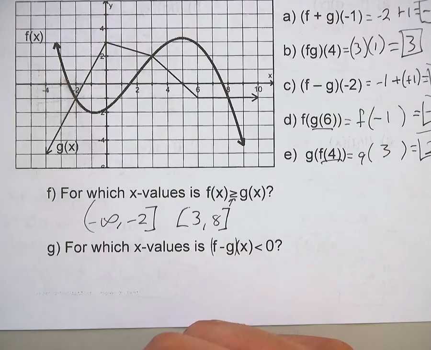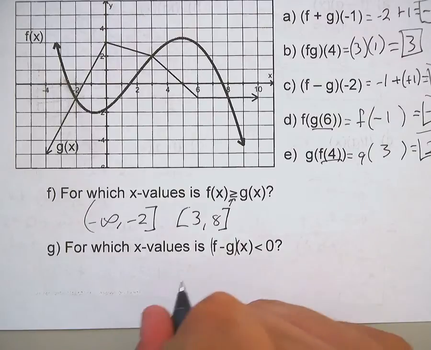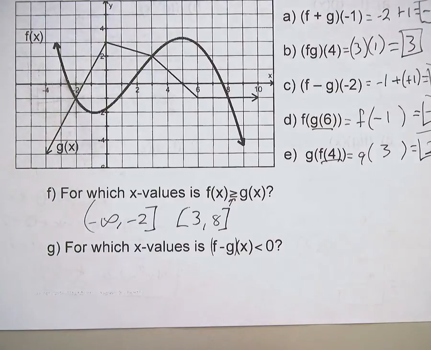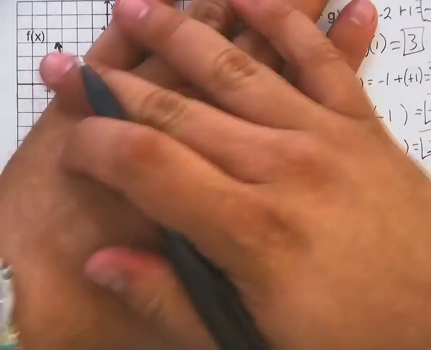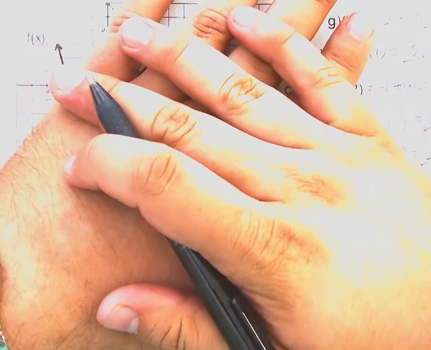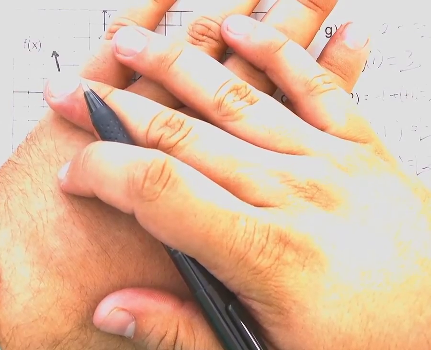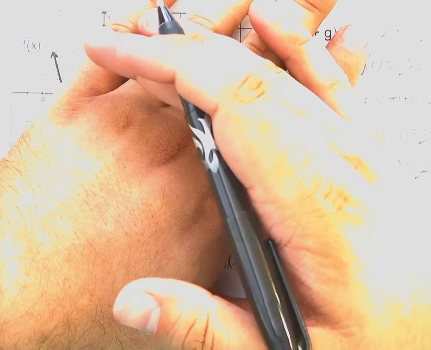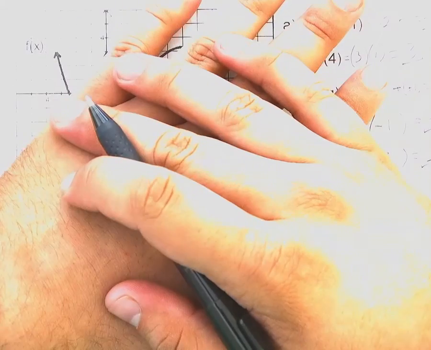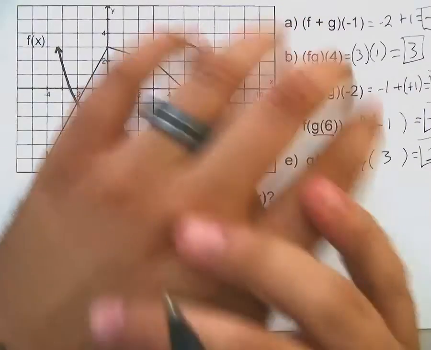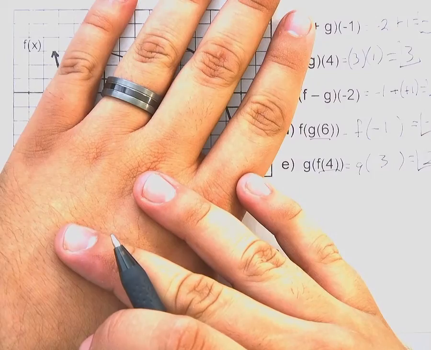For which values is f minus g less than 0? If you are subtracting two numbers and they end up being less than 0, that means that they end up being negative, right? Numbers less than 0 are negative. So if your numbers are negative, which number has to be bigger in that subtraction?